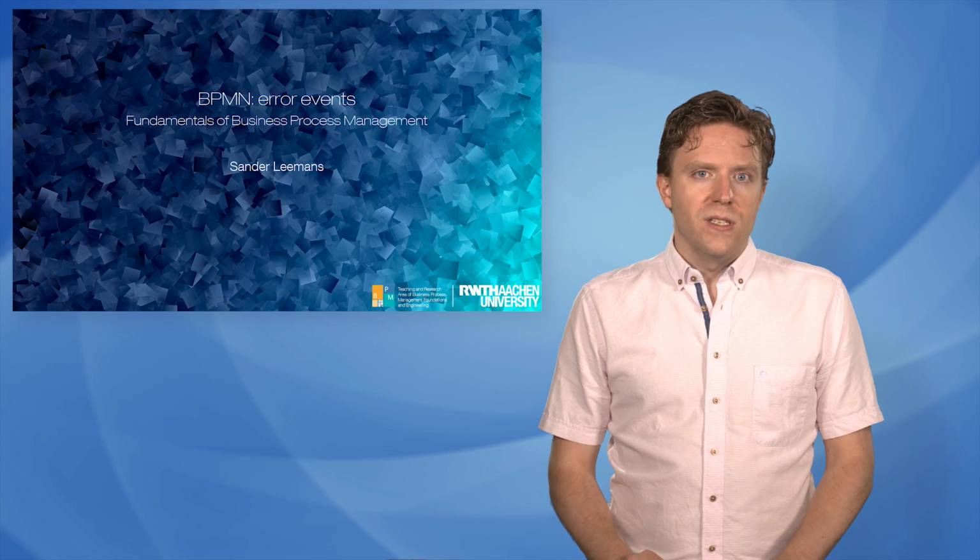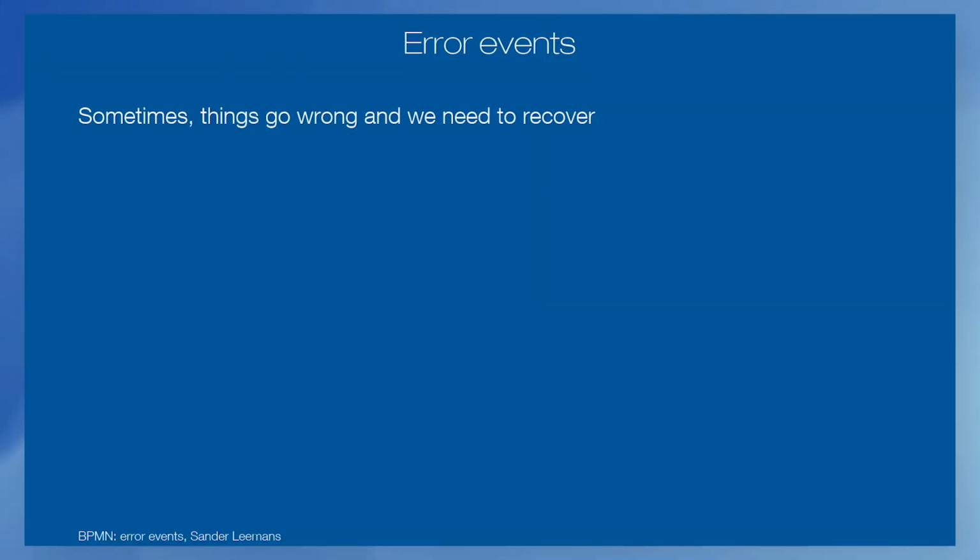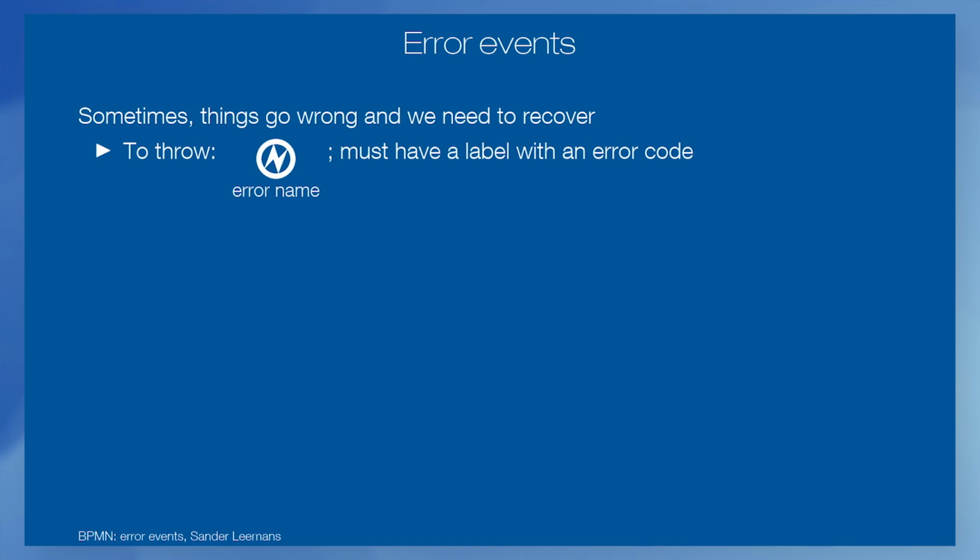Let's look at error events. In order to throw an error event, we simply have an end event with a particular label. This end event throws an error. It must have this label because it must have a particular error that it throws.